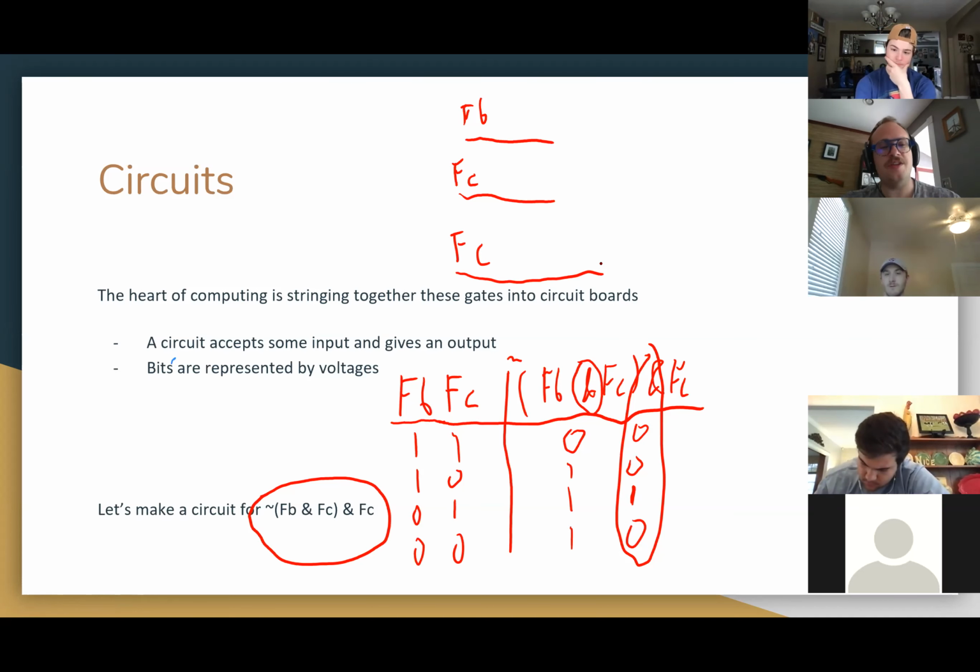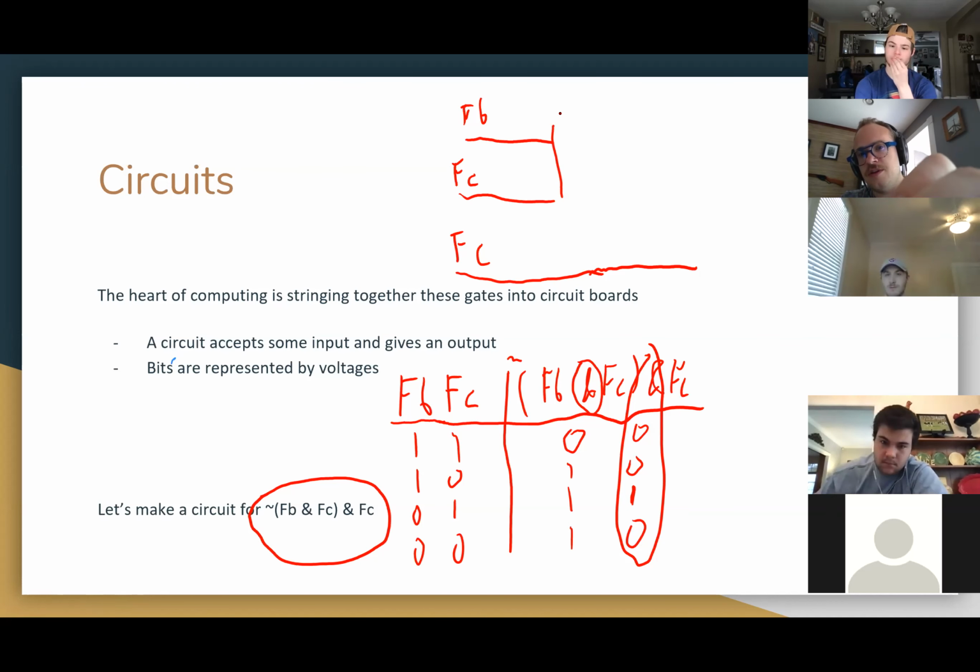So 1 wire for each atomic well-formed formula. And then starting from the smallest, our least complex well-formed formula, which is this FB and FC, we create a logic gate representing that well-formed formula. So here's an AND gate, and it has the functioning analogous to that conjunction.